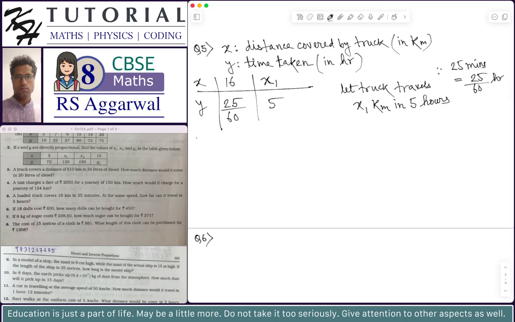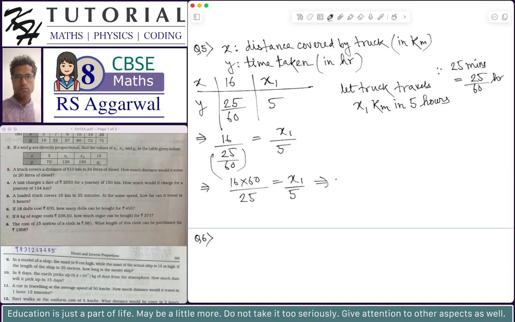Now, applying the concept of two quantities in direct variation, the ratio of the corresponding values should be the same. So we have 16 divided by 25 by 60 is equal to x1 by 5. This implies, after simplifying the left hand side, 16 multiplied by 60 divided by 25 is equal to x1 by 5.